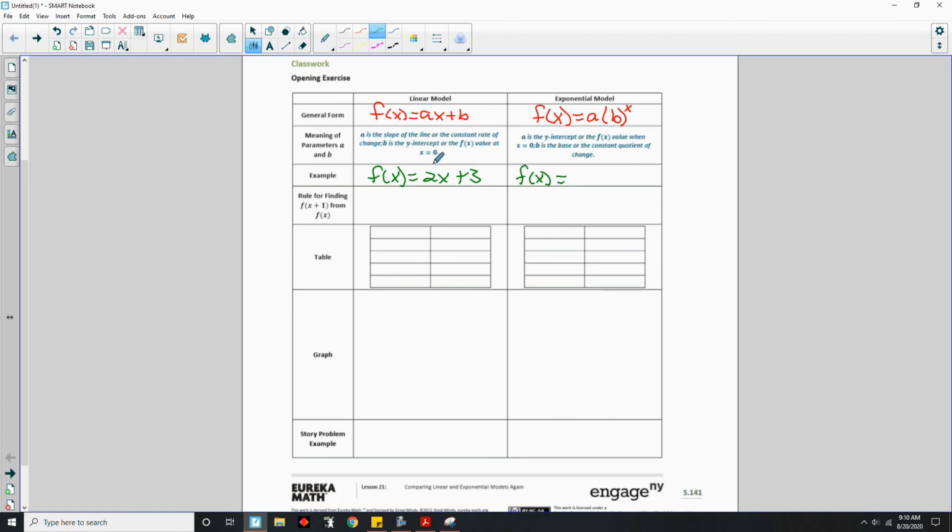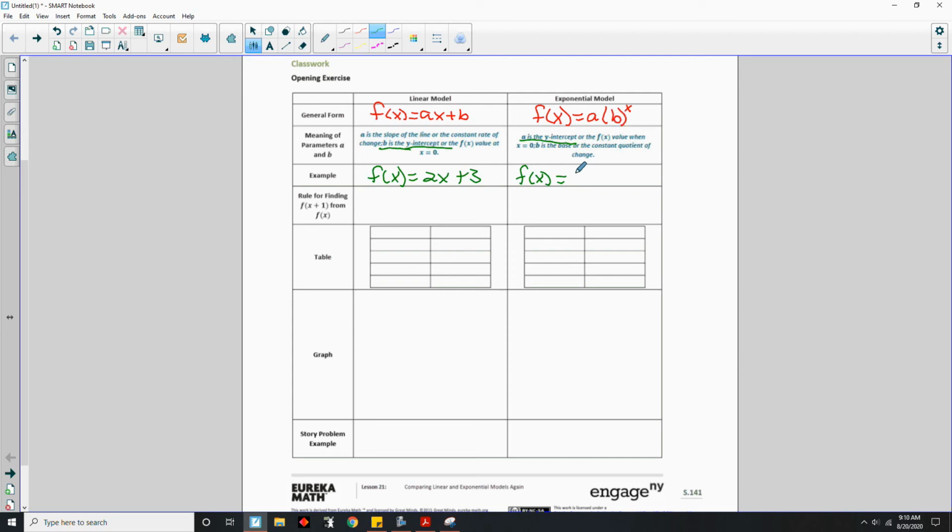A was 2 here, but a is our slope or constant rate of change, and b is the y-intercept. Over here, a is the y-intercept, so I am going to stick with y-intercepts in the same location. Our b was 3, our y-intercept was 3, so I want the y-intercept to be the same for this function because we're comparing them.